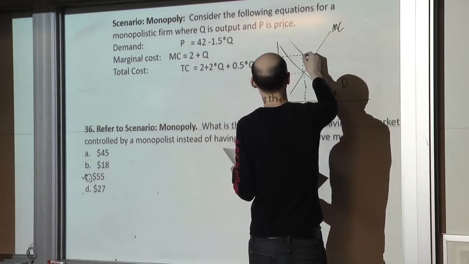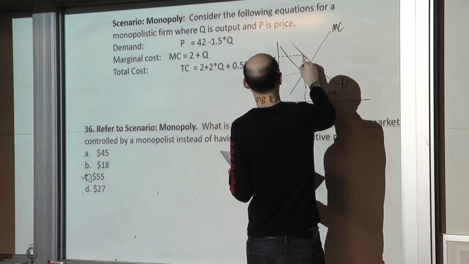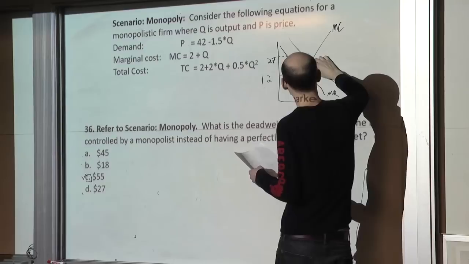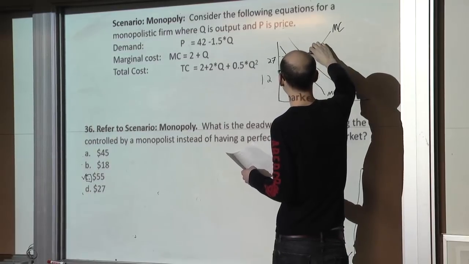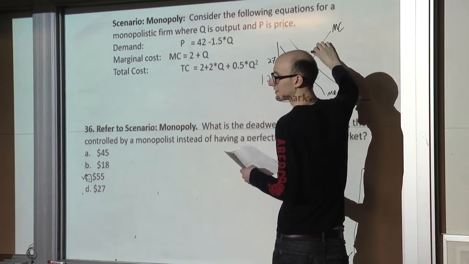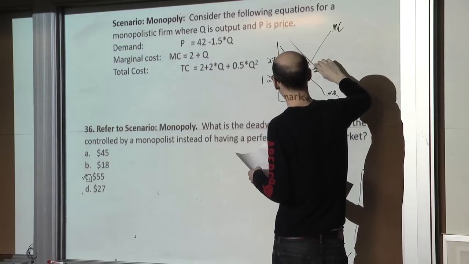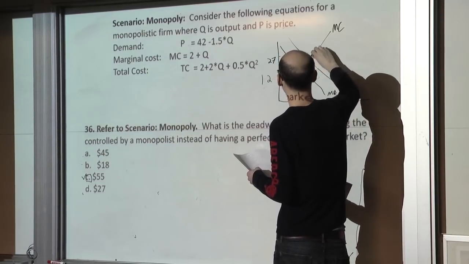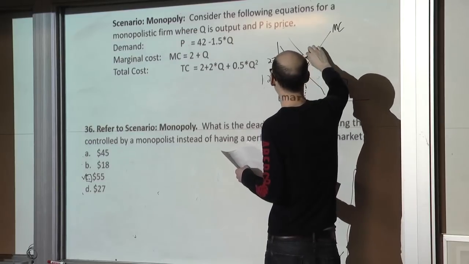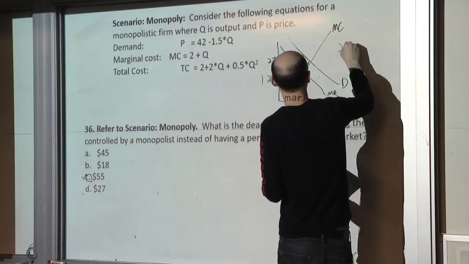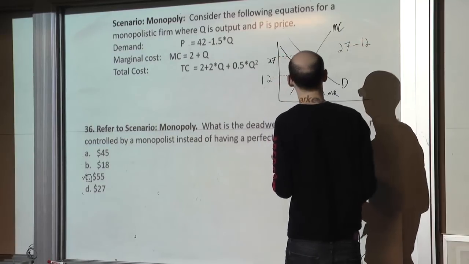And so the deadweight loss is going to be the difference between the markup price and the marginal cost in the uncompetitive case, or 27 minus 12.